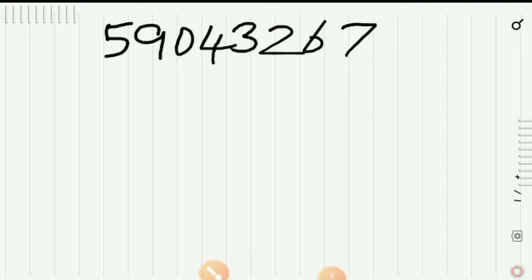Next, we write the same number in the international number system. The given number is 59043,267. As usual, you draw the place value chart.